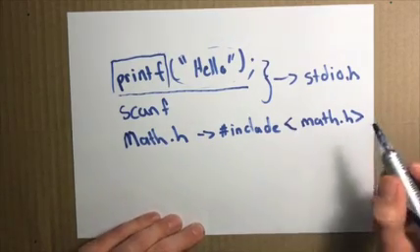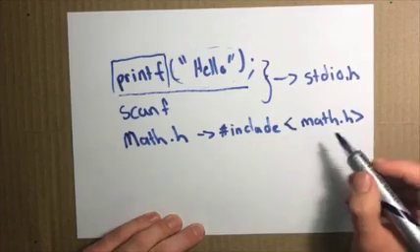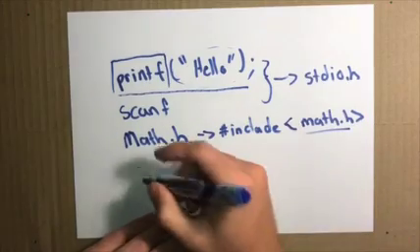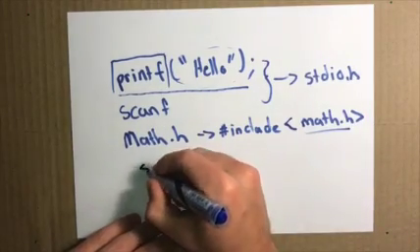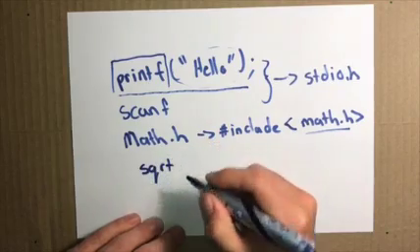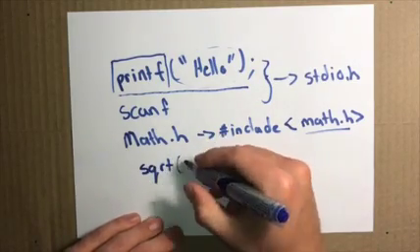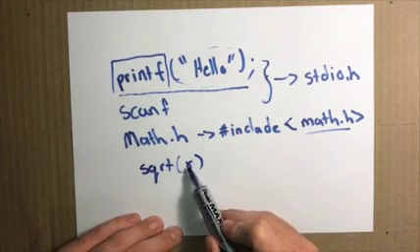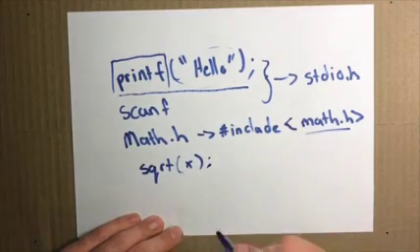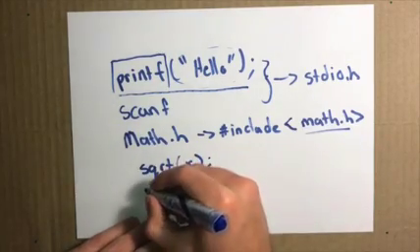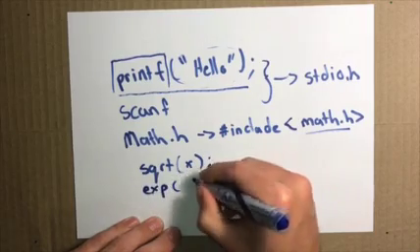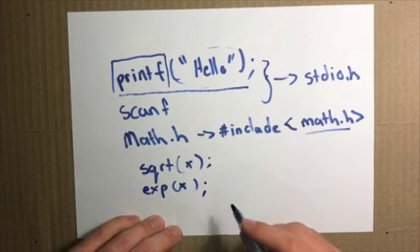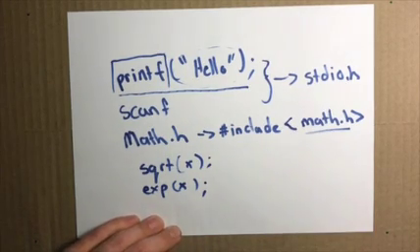And there's quite a few functions inside this library that we can use. Let's quickly take one example. There's a square root function that receives one parameter and will determine the square root of a number. There's also other functions such as the exponential function.